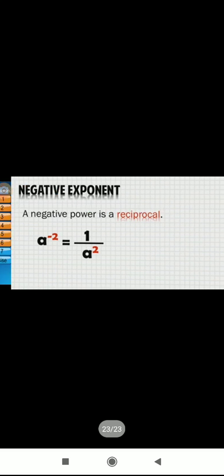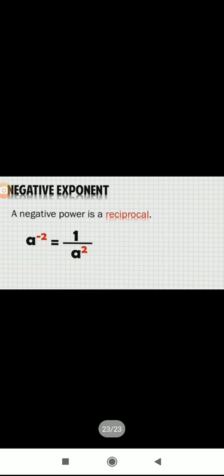That is, you will take the reciprocal of z. Taking another example, a raised to the power minus 2 will be equal to the reciprocal of a raised to the power 2. That is, the negative power is a reciprocal.